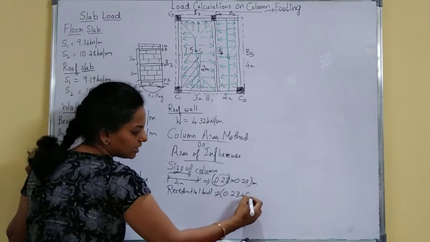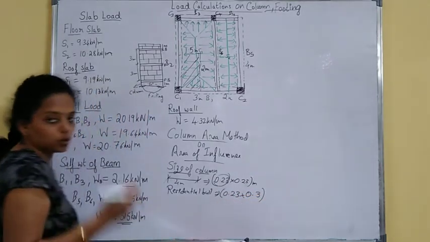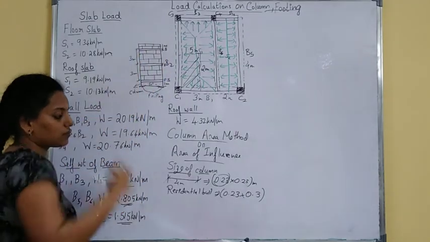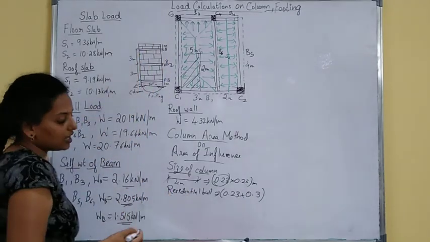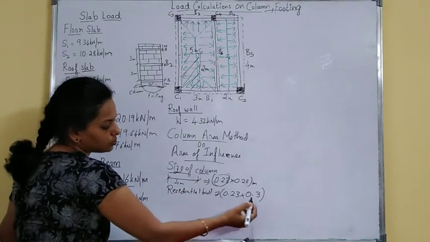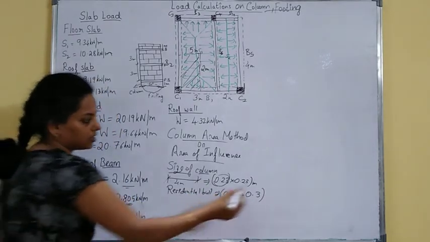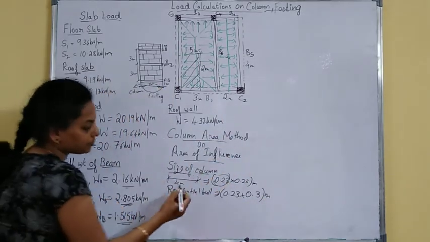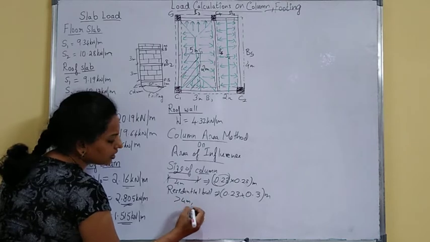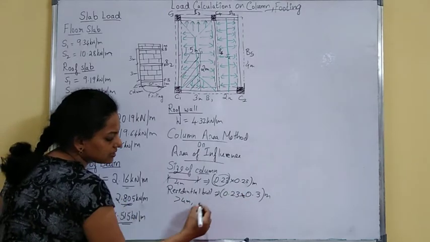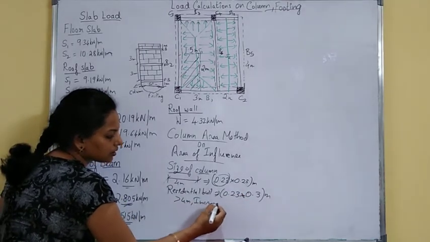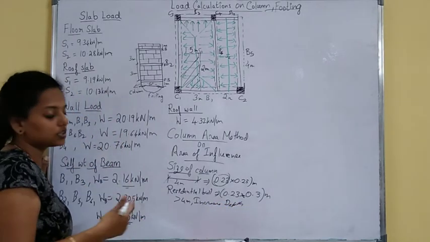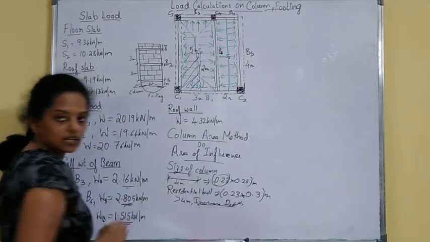For depth we usually consider 0.3 up to a first-floor building, that is, for a ground floor plus first floor building we can consider the column size as 0.23 by 0.3 meter. If the span is greater than 4 meter, you have to increase the depth accordingly. If the load coming on the building is also more, then increase the depth.